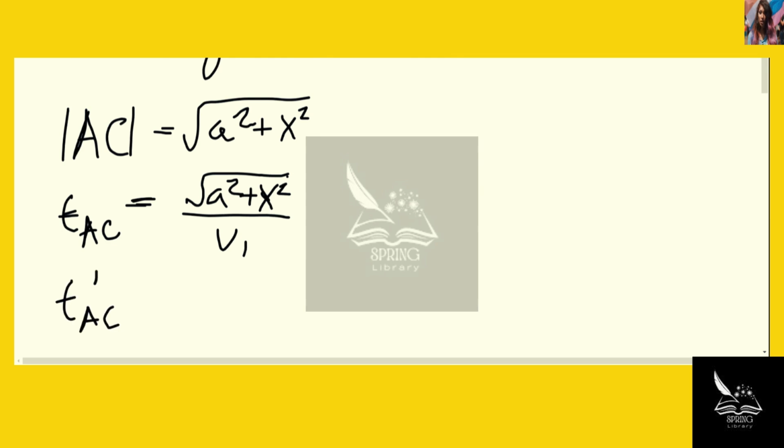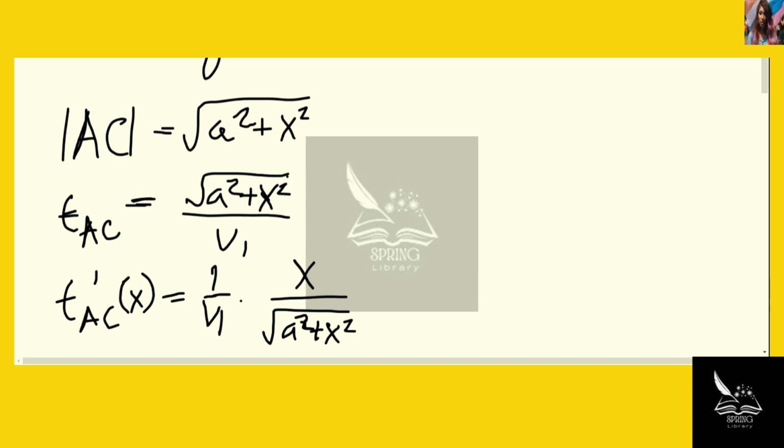So t prime AC of x is 1 over v1 times x over the square root of a squared plus x squared.